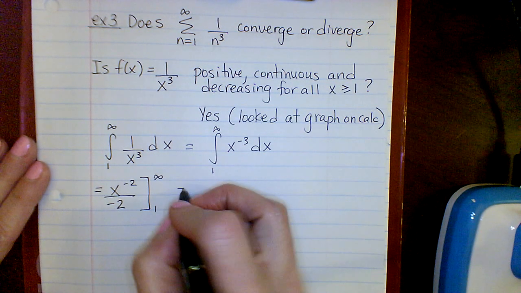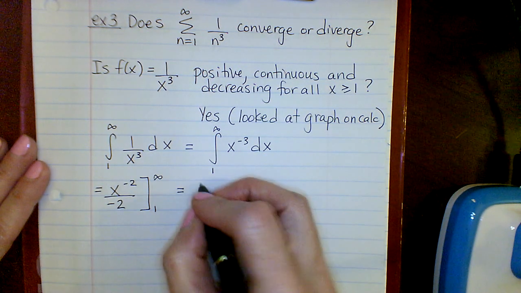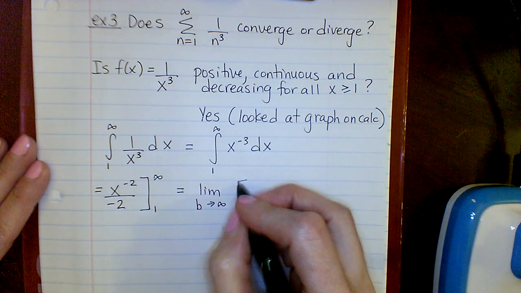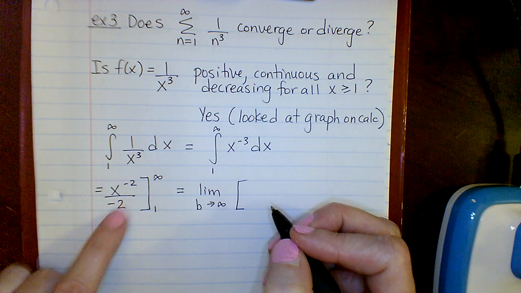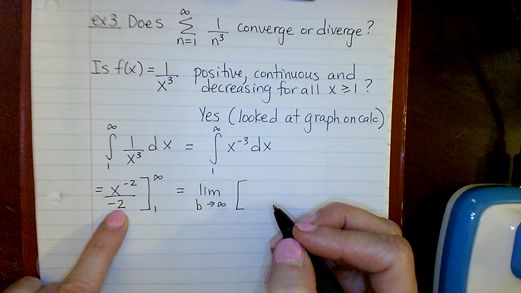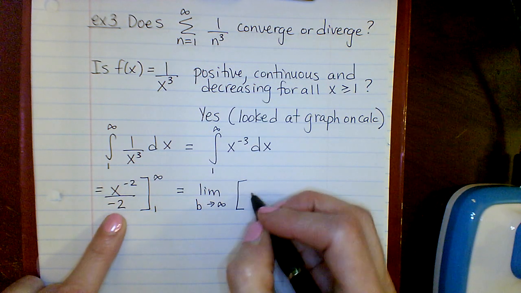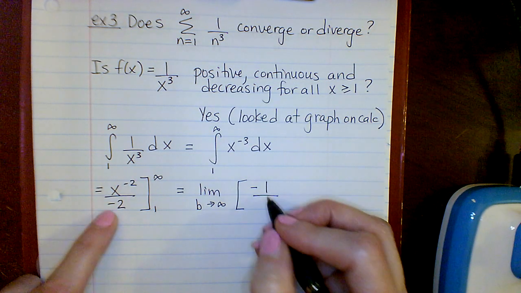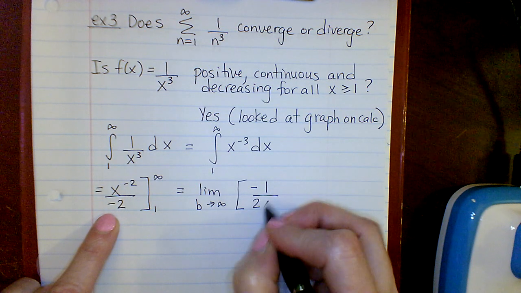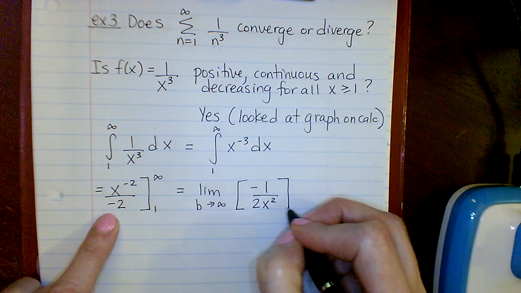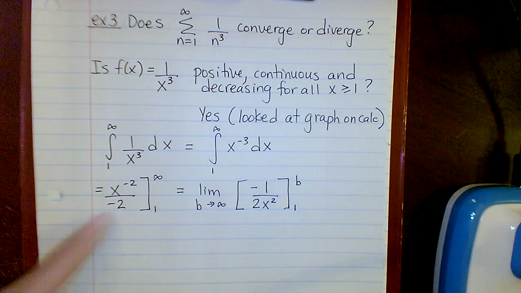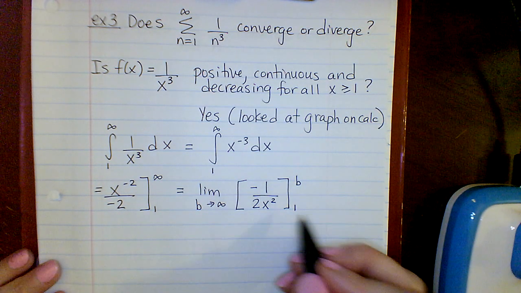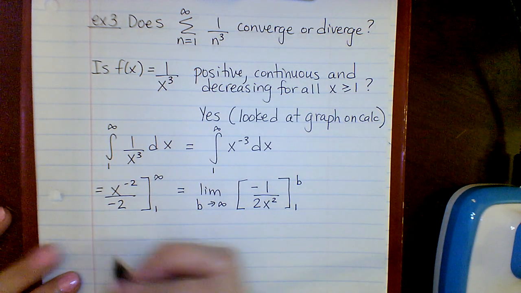Just like I did last time, I'm going to clean that up. So let's do the limit as b goes to infinity. I'm going to move that x to the negative 2 to the bottom, making it negative 1 over 2x squared from 1 to b. All right, so let's plug in b and 1, subtract, and then evaluate that limit.